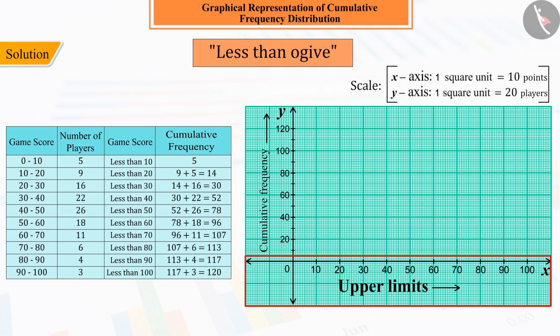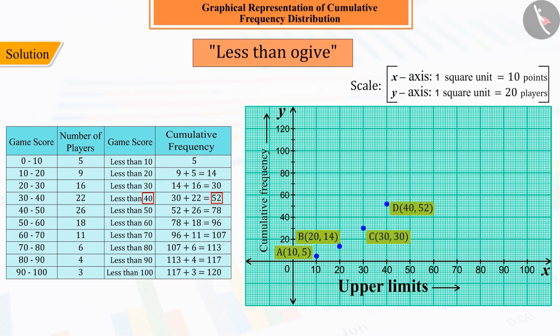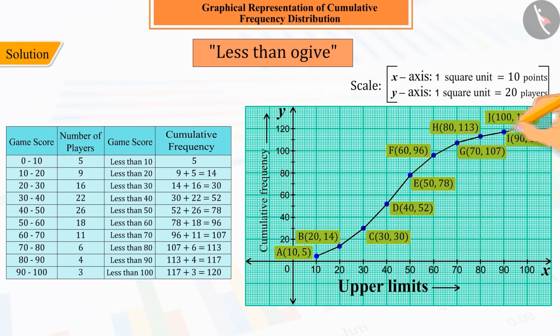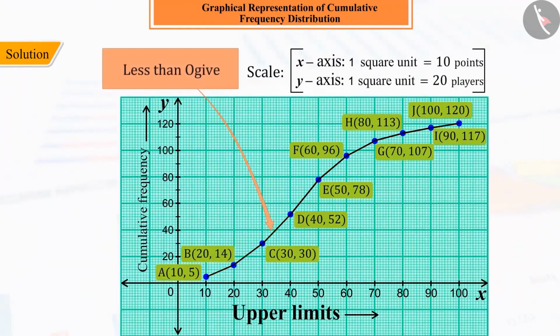Let us now plot the corresponding points A, B, C, D, E, F, G, H, I, and J of all these upper limits and the corresponding cumulative frequencies. And join all these points carefully. This curve obtained is called the cumulative frequency curve of less than type, or ogive.